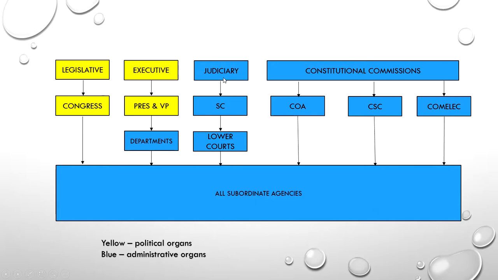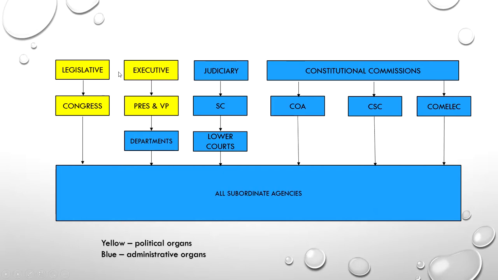The judiciary, yes, is appointed by the executive, but they practice what we call judicial independence, closely related to political neutrality, although that would be another insight for another video lecture. Then we have the Constitutional Commissions. One aspect in democratic countries is that they practice the principle of checks and balances and the separation of powers. The three main branches of government are independent of one another.